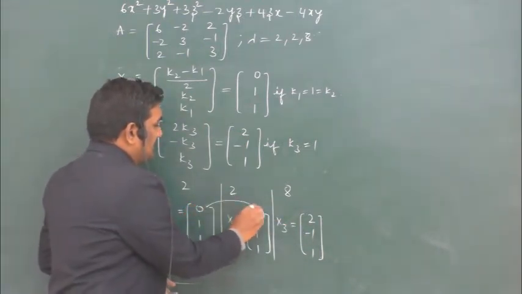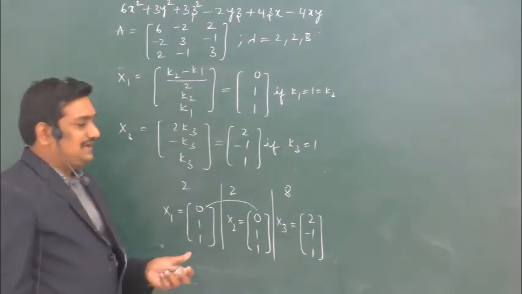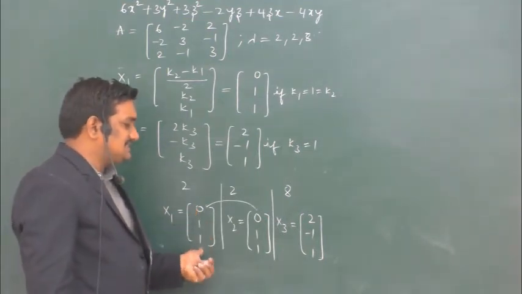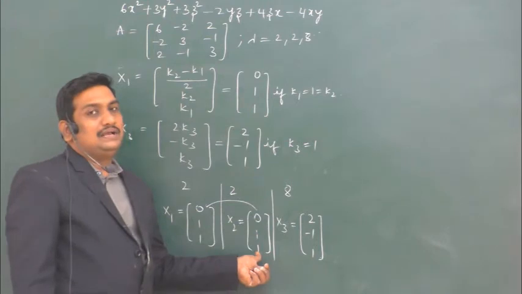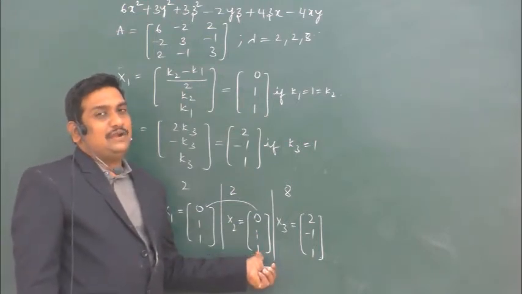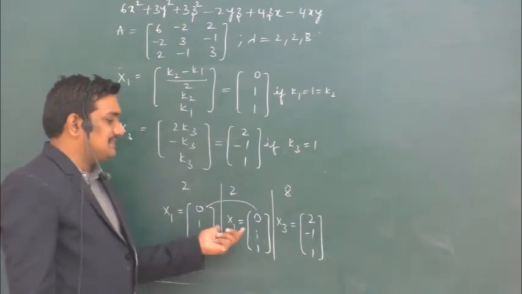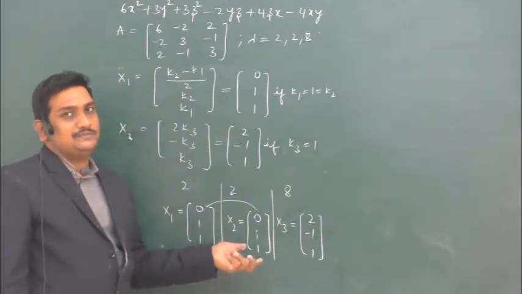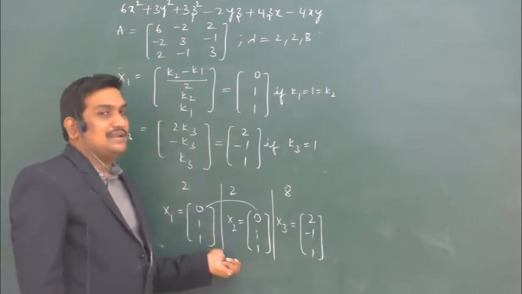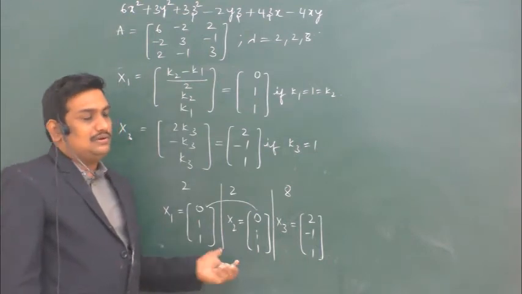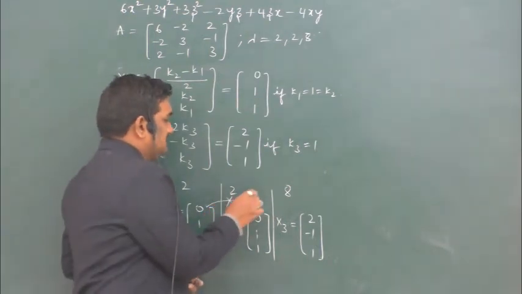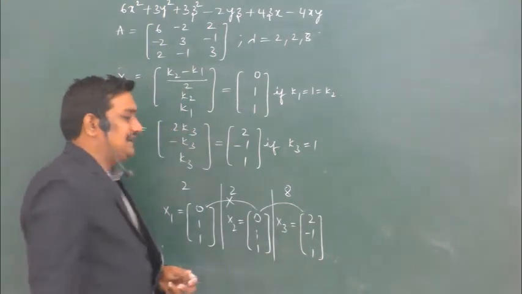Apply the orthogonal condition on these two. If it is a1, b1, c1 and a2, b2, c2, you must satisfy a1a2 plus b1b2 plus c1c2 is 0. It is 0 plus 1 plus 1, the sum is 2, and 2 cannot be 0, hence these two are not orthogonal. Now let us apply the condition on x2 and x3.